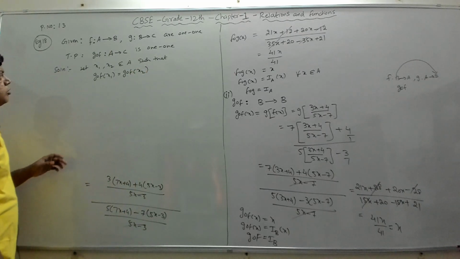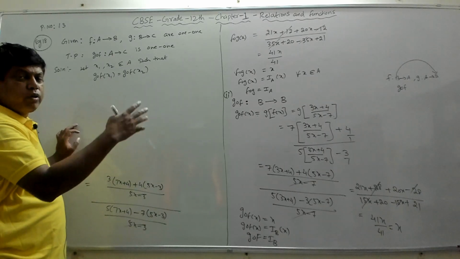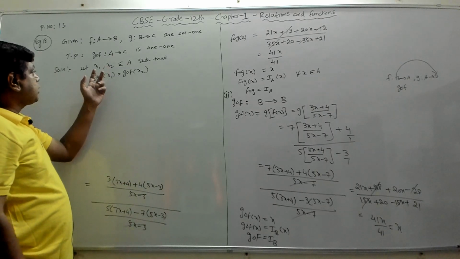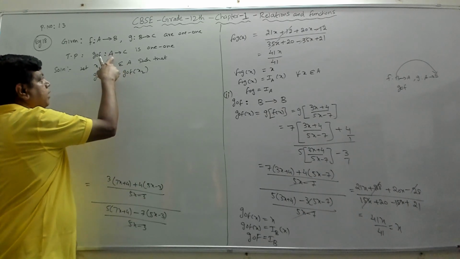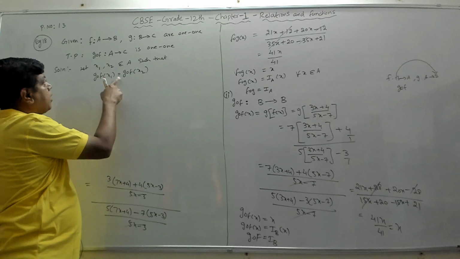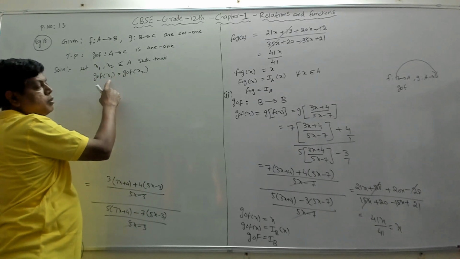Right? In the previous videos, if you watch how we proved that f is 1 to 1, we take two elements x1, x2 from the domain A such that their images are the same under this function, g of f of x1 equals g of f of x2, which means their images are the same.